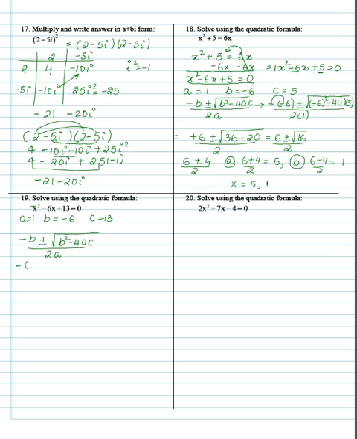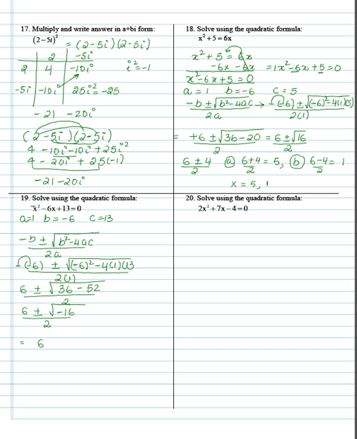So negative of negative 6 plus or minus the square root of negative 6 squared minus 4 times a times c over 2 times a. Negative of negative 6 becomes a plus 6 plus or minus square root of 36 minus 52 over 2. So here is 6 plus or minus 36 minus 52 is negative 16 over 2.